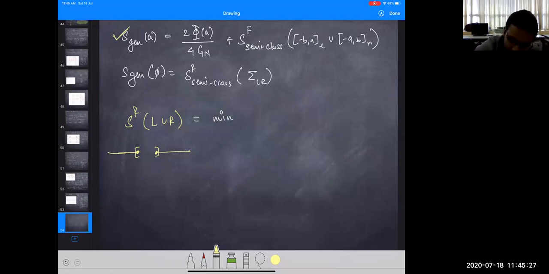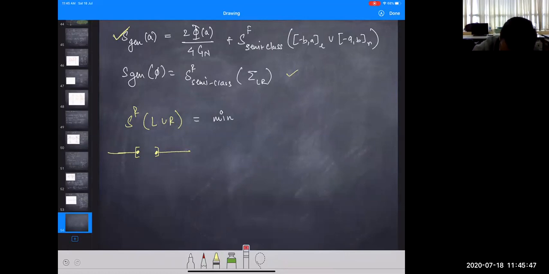There is no extremization to do in the second formula. The first formula, S generalized of A, is where extremization has to be done over A. Let's say I do that, and then what I have to do is minimize over all possible surfaces. So the final formula boils down to this.